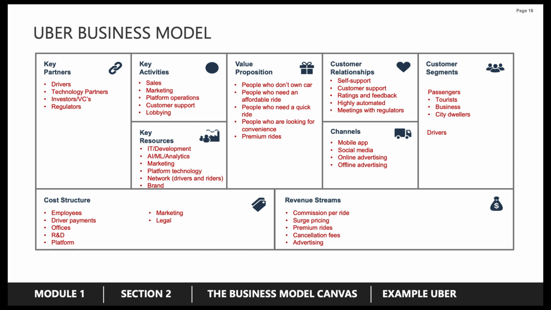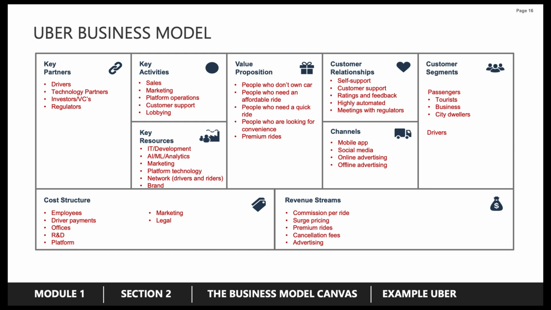Well, it's people who don't own a car, it makes it more affordable, people who need a quick ride, and people who are looking for convenience and premium rides. So in other words, Uber has introduced new ways of transportation, not just a simple car, but they've also allowed drivers who have got things like limousines.